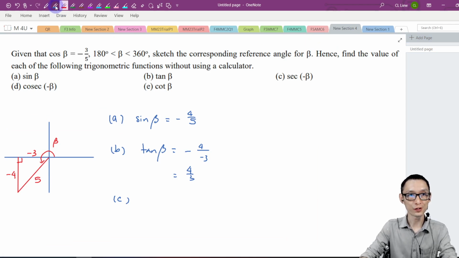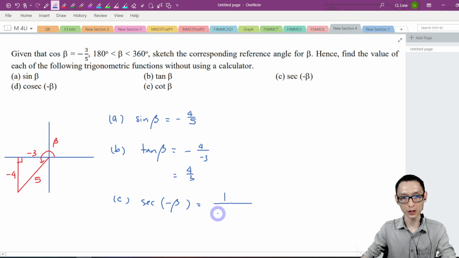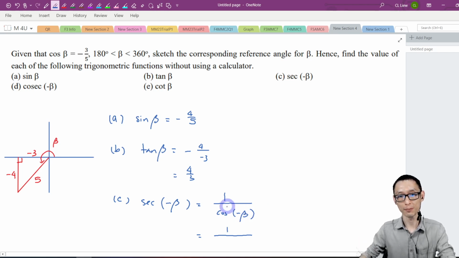Okay, now I'm going to use these rules to help me get the answer for this one. Secant negative beta is equal to 1 over cosine negative beta. And as I told you just now, cosine negative beta is just equal to cosine beta.